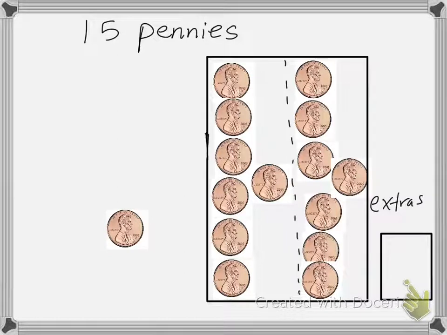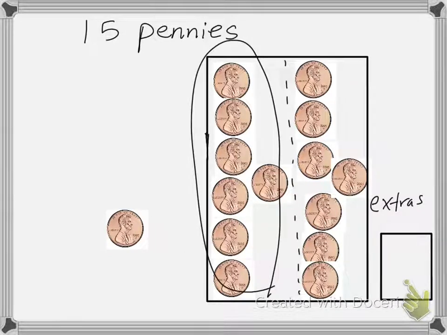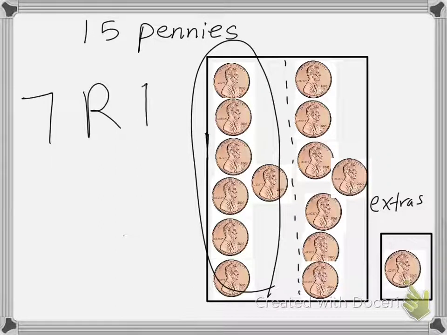So there are 7 pennies, and again I have 1 left over. So my answer, when I divide them in half, is going to be 7 remainder, capital R, 1.